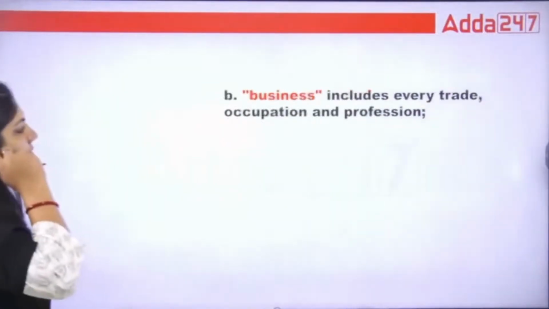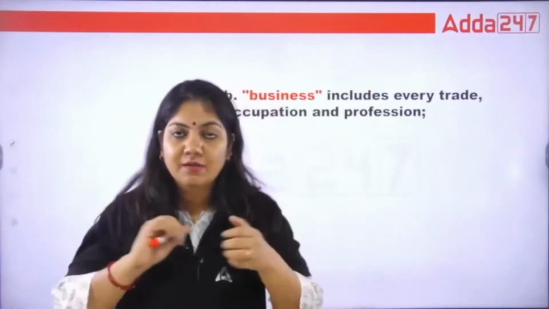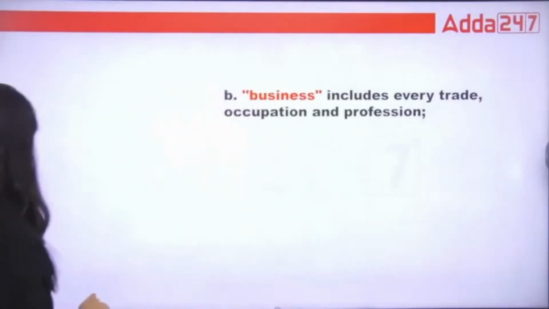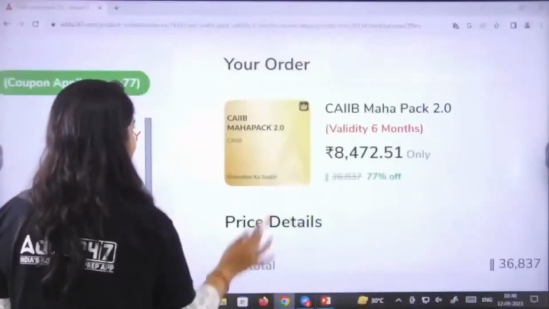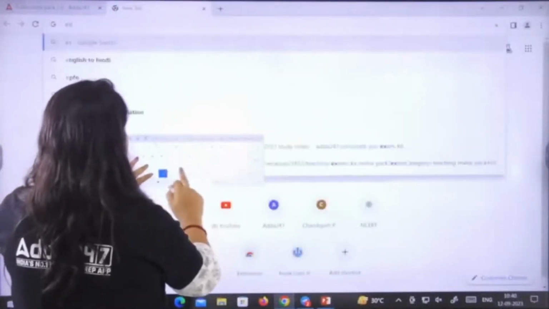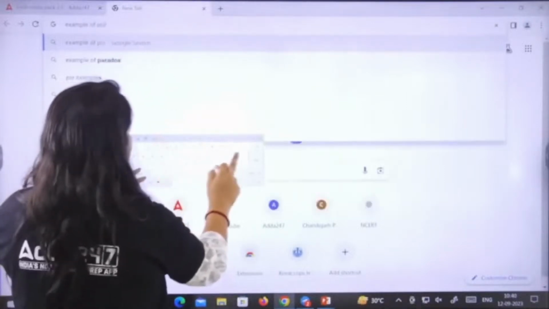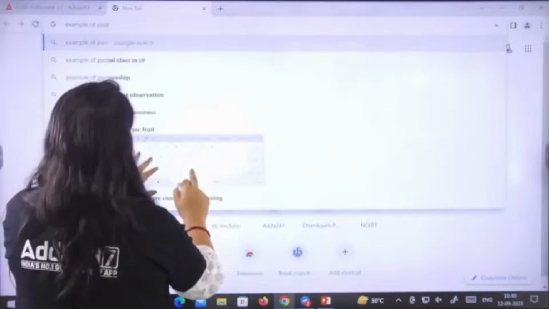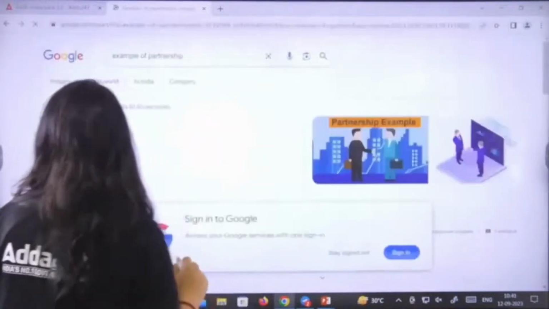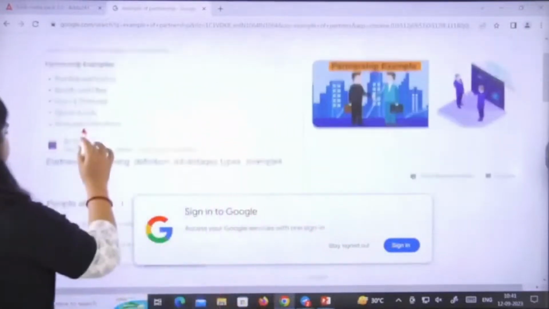Now, what is business? See class, suppose McDonald's and Burger King are both partners. This is reality. There are so many examples of partners.